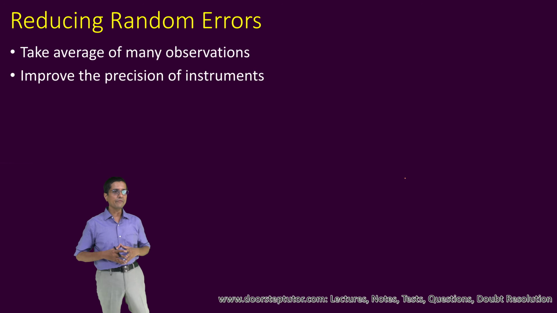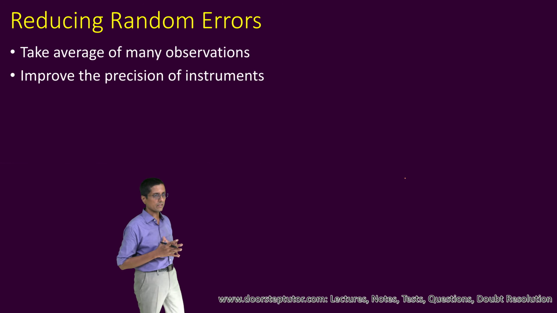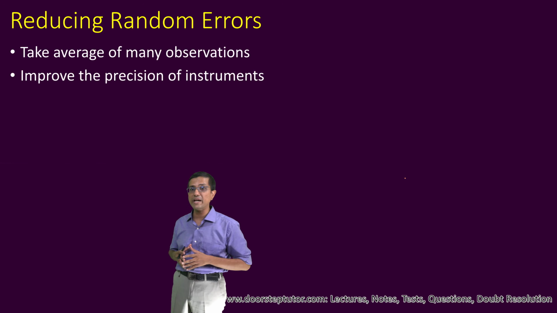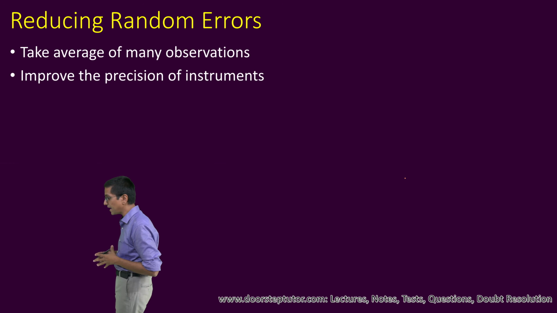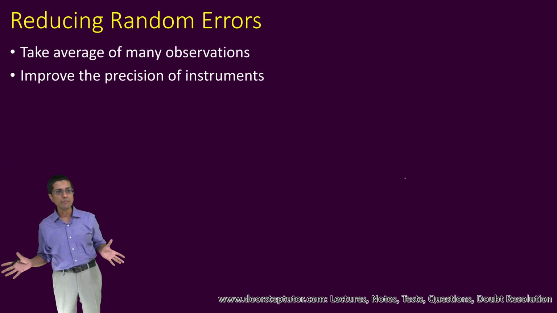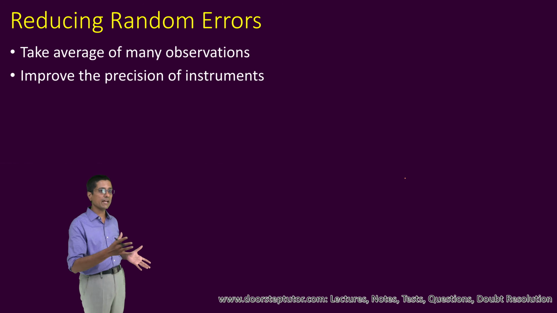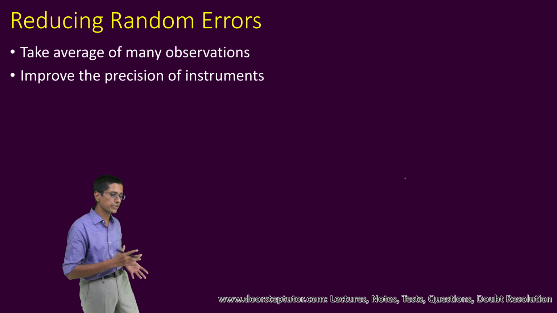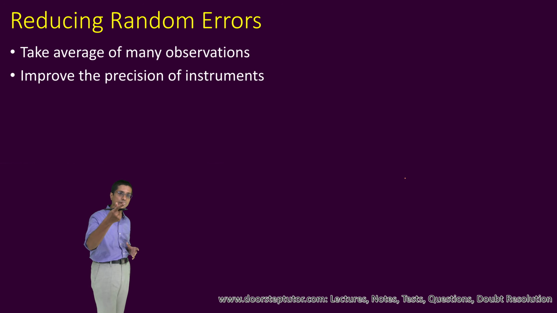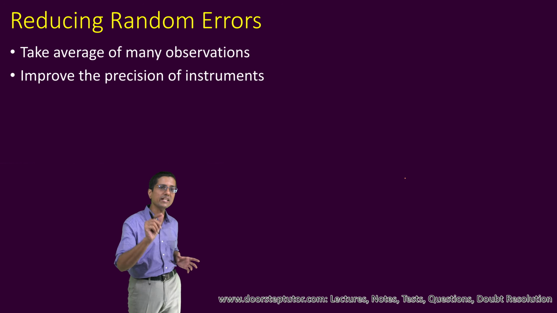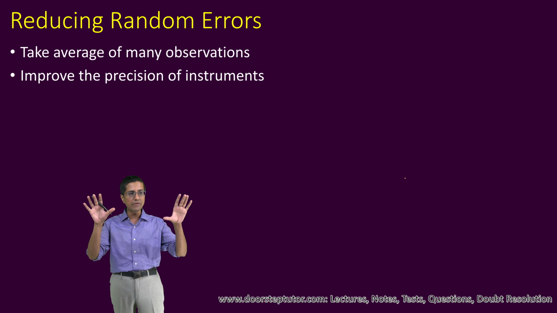Now here is a way to reduce the random errors. By nature they are random, and that is why if we take many measurements and take an average of those many observations, then these random errors, as they are random, would cancel out when we take the average.